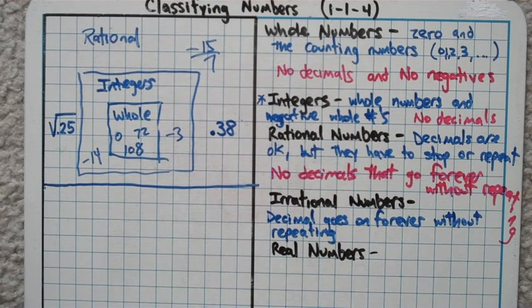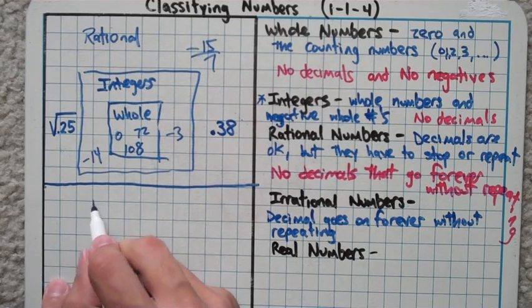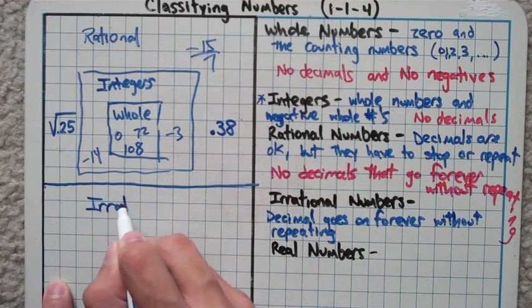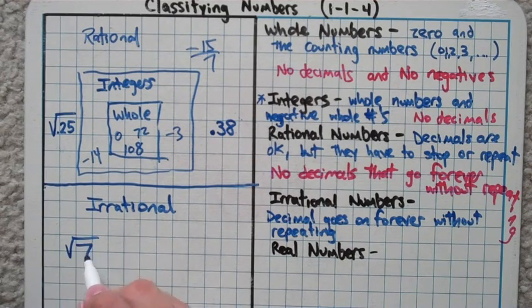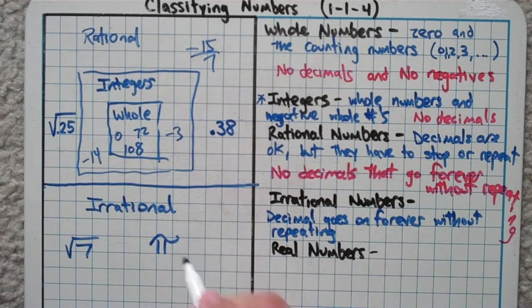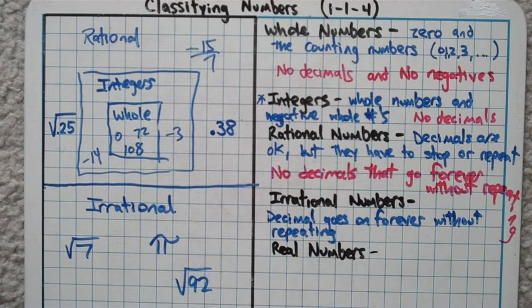So I'm going to make this bottom part of my box right here irrational numbers. So notice that the irrationals, this whole bottom box right here, these things up top are not irrational numbers. Irrational numbers are going to be things like square root of 7 and pi and the square root of 92. Numbers that are going to go on forever, they're not going to repeat.